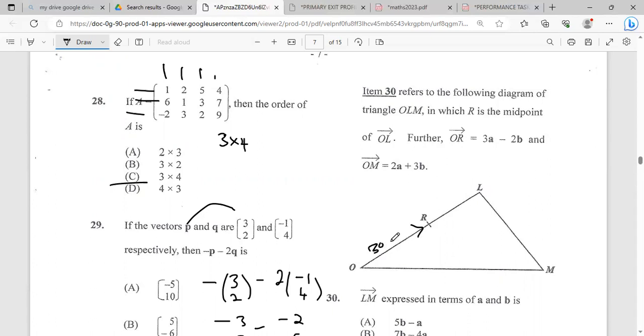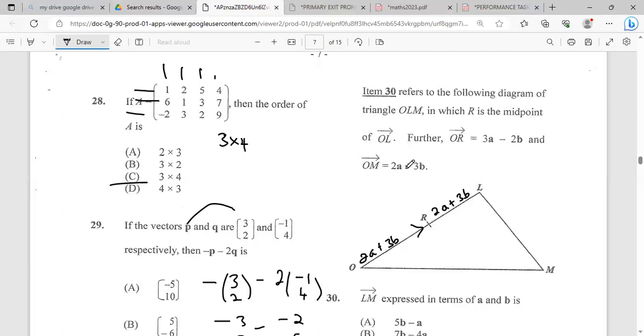So we have 2A plus 3B. That's the size of this, but they did say this was the midpoint. That means this and this should be the same size. So this is 2A plus 3B also.